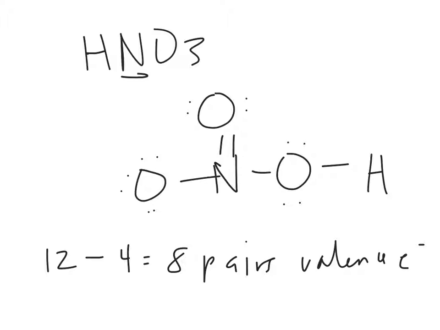So then let's tick off our electron pairs to make sure we have all 12 pairs represented. There's 1, 2, 3, 4, 5, 6, 7, 8, 9, 10, 11, 12. And then let's count how many total valence electrons are available to each atom.